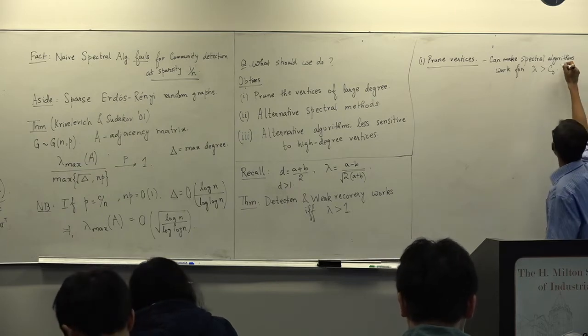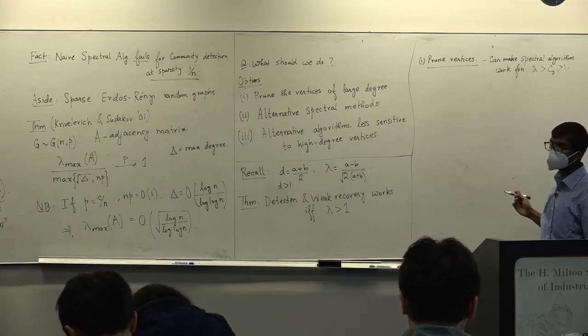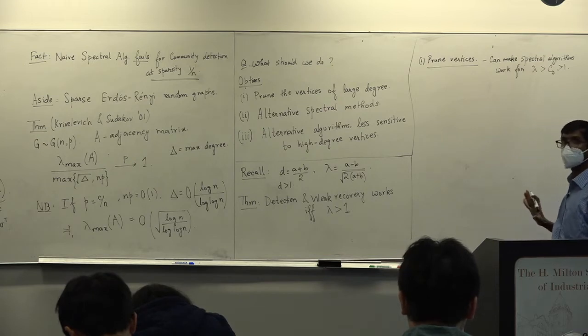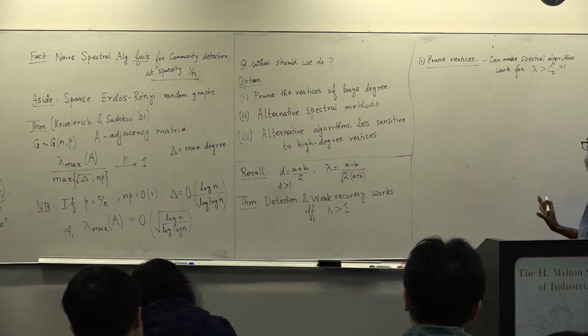So if lambda is very large, you can prove that even pruning works. It gives you weak recovery.